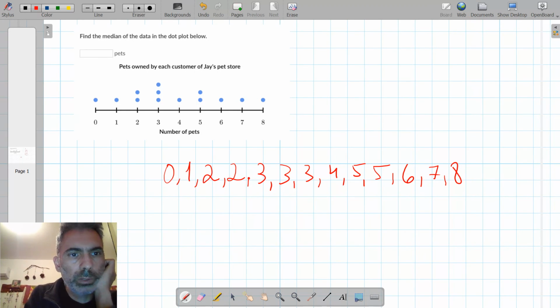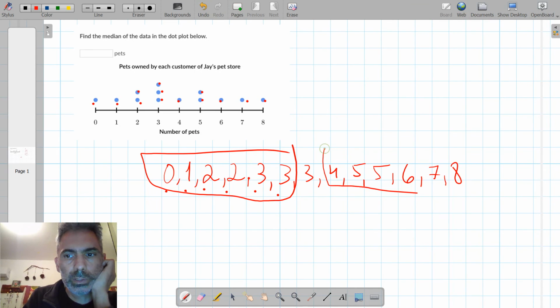How many data points? 1, 2, 3, 4, 5, 6, 7, 8, 9, 10, 11, 12, 13. So we have 13 data points, which means 1, 2, 3, 4, 5, 6. Okay, so we have 6 to the left and 6 to the right.